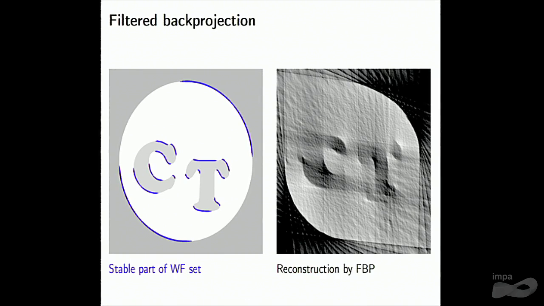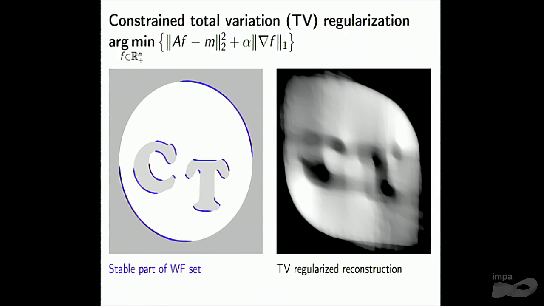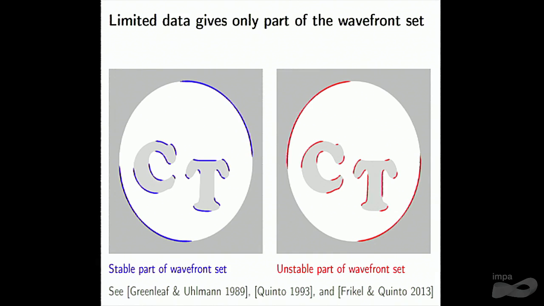And even if we use, let's say, total variation, it's not recovering those parts. So those parts of the boundary are not in the data in any stable format. So it tells us if we want to do a reconstruction of those parts, it has to be based completely on a priori information for those red parts.